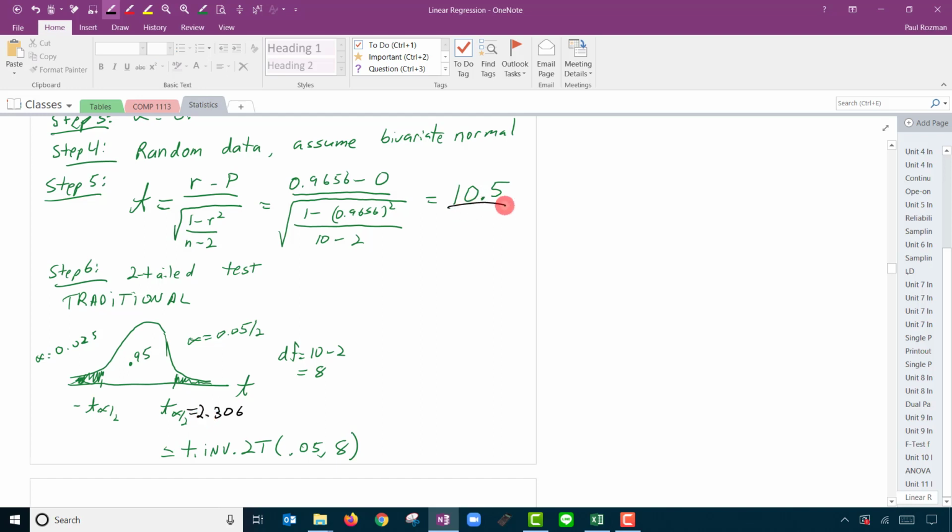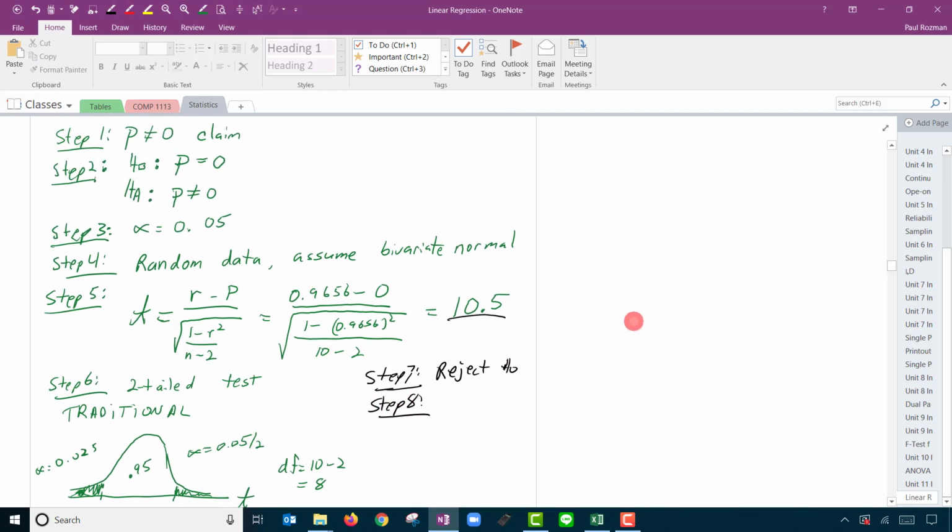Our value that we calculated was 10.5, which is clearly in the rejection region. So step 7, we'll reject the null hypothesis. And then step 8, get our conclusion.